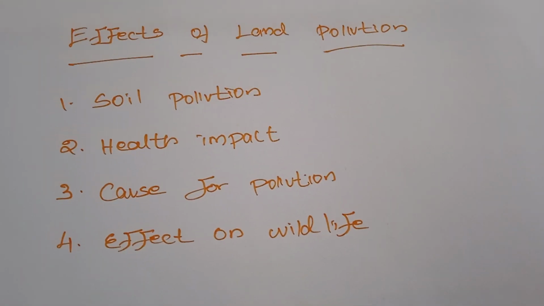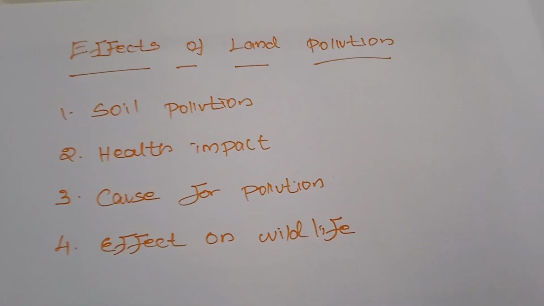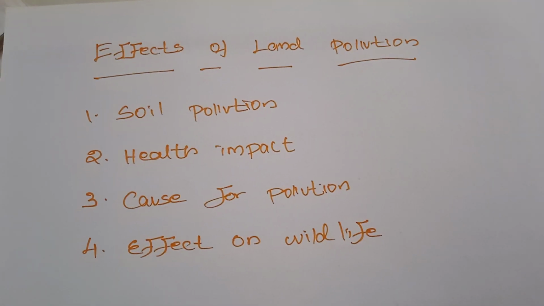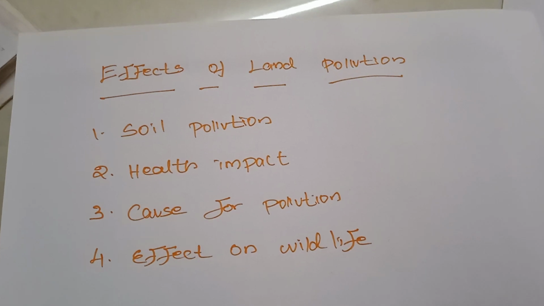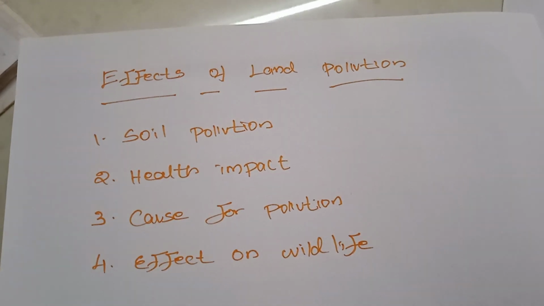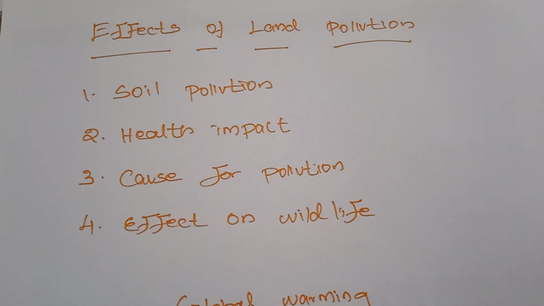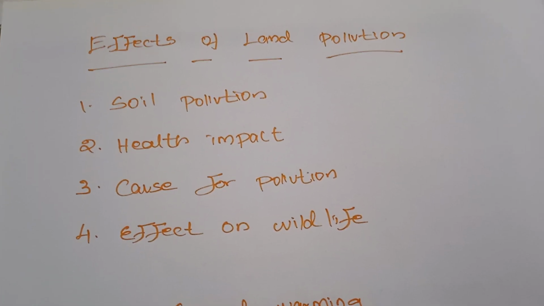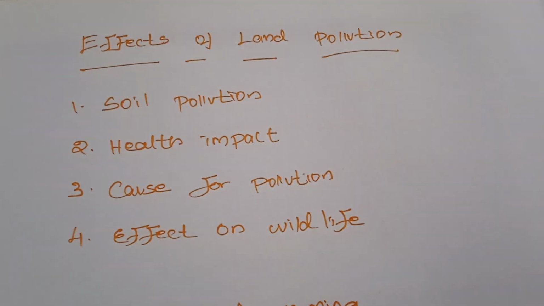Okay, if we have any problems, all problems also have some remedial measures. So what remedial measures are there to control land pollution? First, making people aware of the concept of reduce, recycle and reuse.